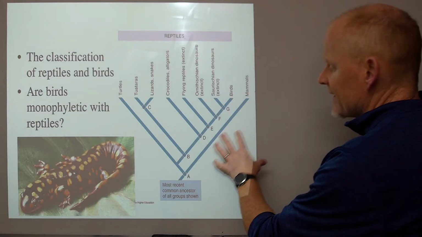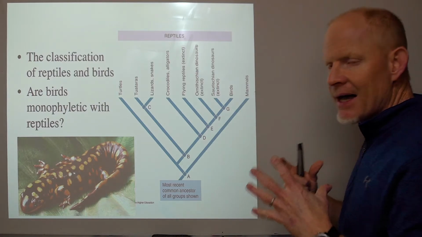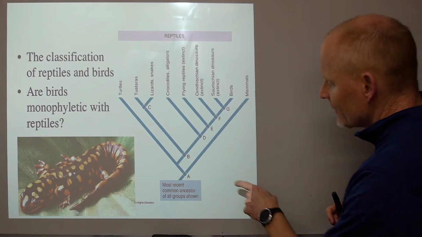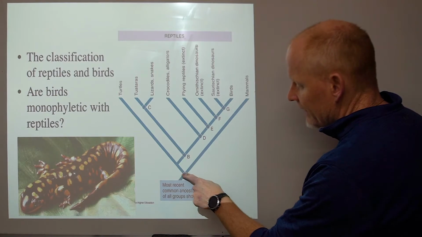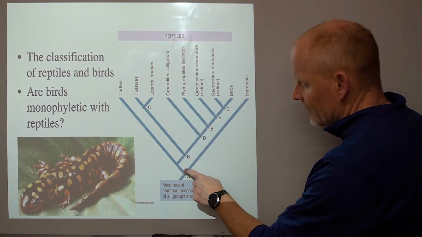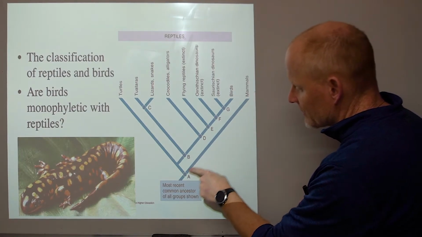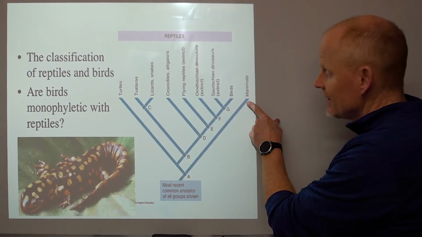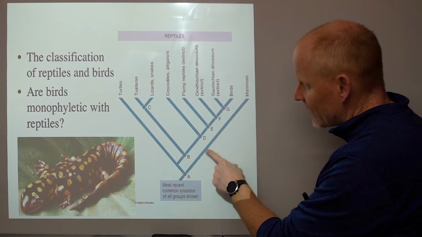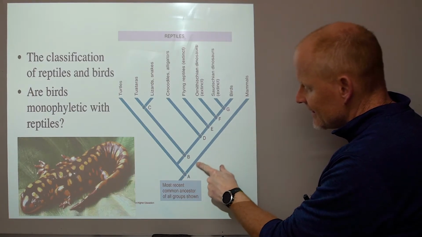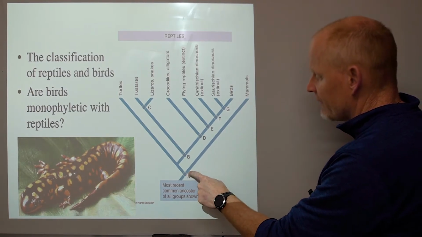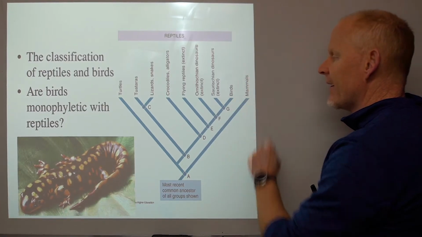Okay, so here's a classification of reptiles that is monophyletically sound. So notice, down here is what we call our plesiomorphic outgroup, which we're using here as mammals. What I want you to notice is mammals have one of the longest lines of evolution here. So they're a very old group, and hence very, very derived.